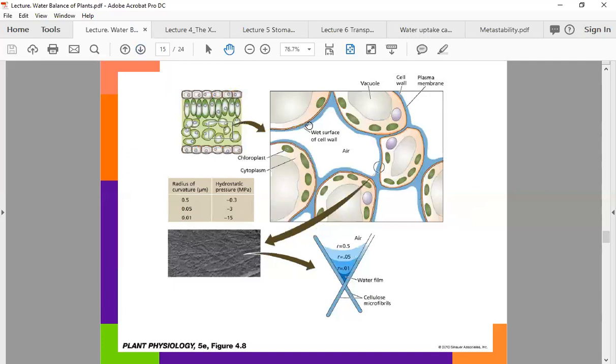This is where water is evaporating into the air spaces, but it's also, as we just described, where the actual tension develops, where that negative pressure develops, right here within the leaf itself. Oh, I should have said this is the region that we're looking at within the leaf, and sure enough, they are spongy mesophyll cells.